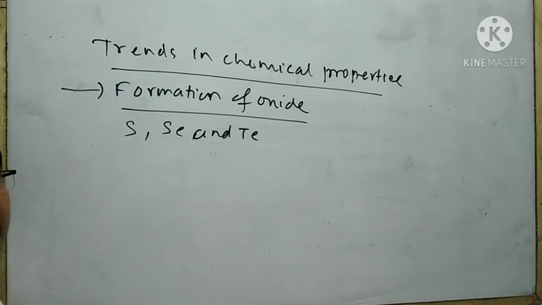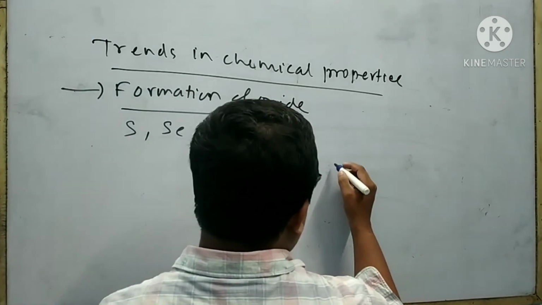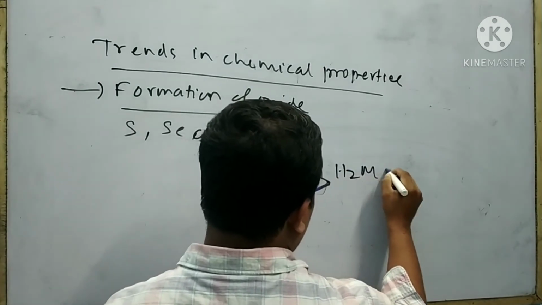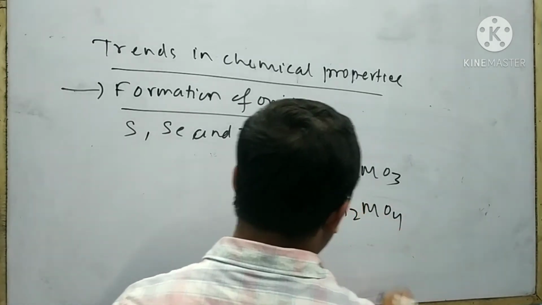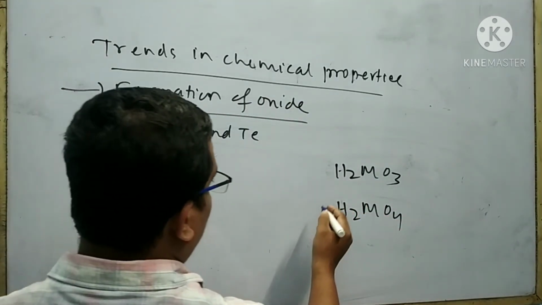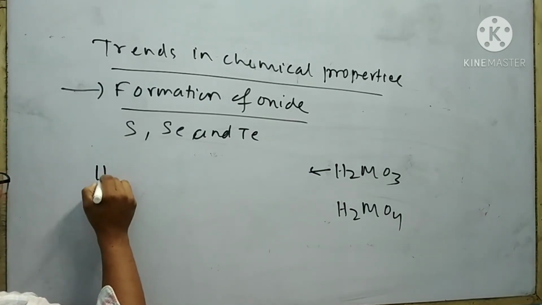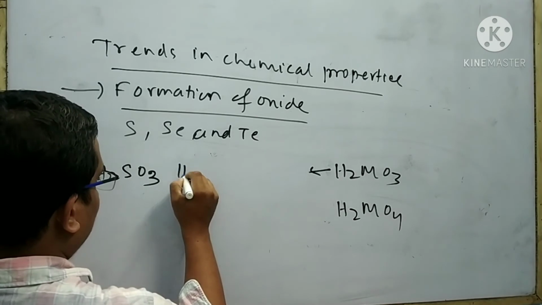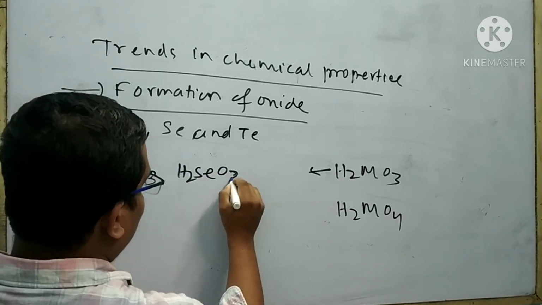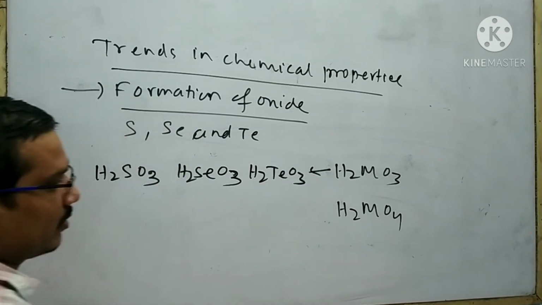The elements sulfur, selenium and tellurium can form two types of oxyacid. One is H2MO3, another is H2MO4. The H2MO3 type oxyacids are H2SO3, next is H2SeO3, next is H2TeO3.